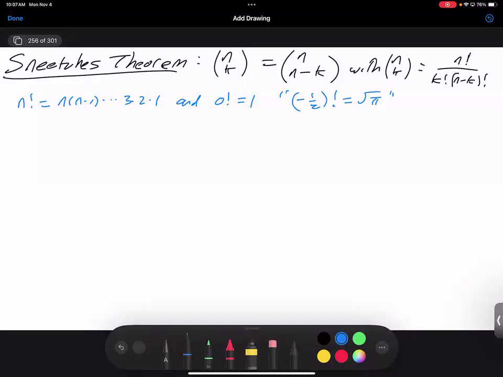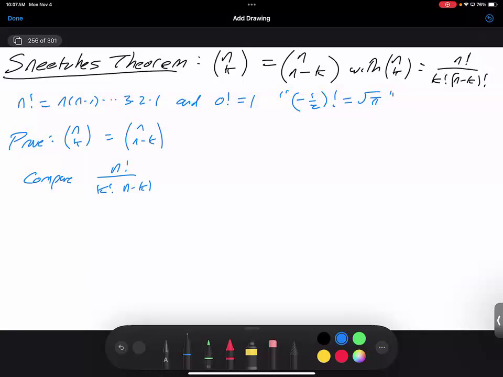So let's prove that n choose k equals n choose n minus k. We're going to compare n factorial over k factorial times n minus k factorial versus n factorial over n minus k factorial times n minus (n minus k) factorial.